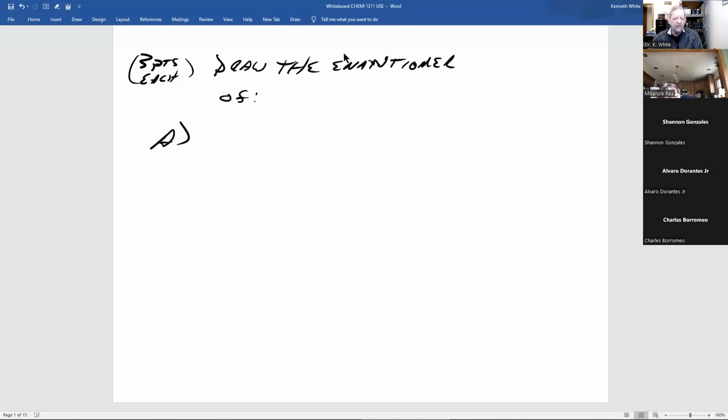So the question is, draw the enantiomer of the following molecule. And why don't you try that? What it means is draw the mirror image. We went through that, but I'll see if you remember.